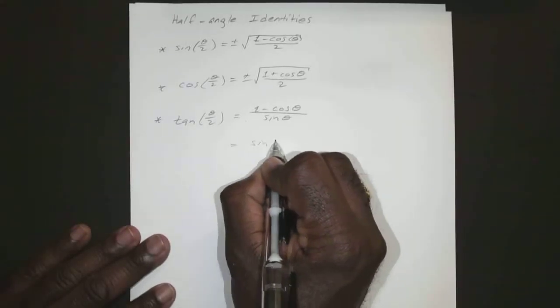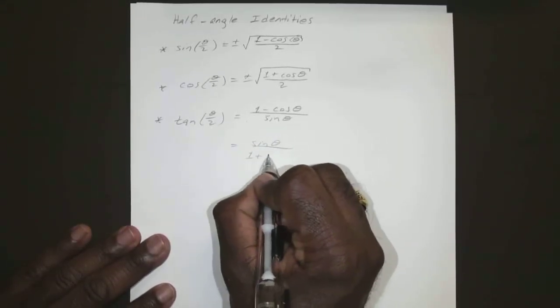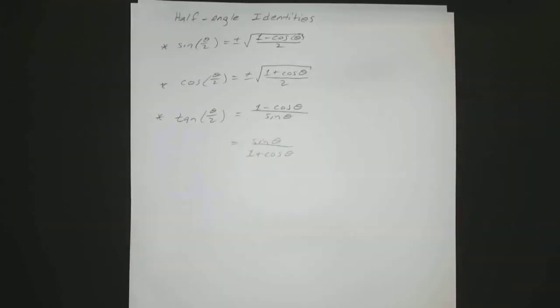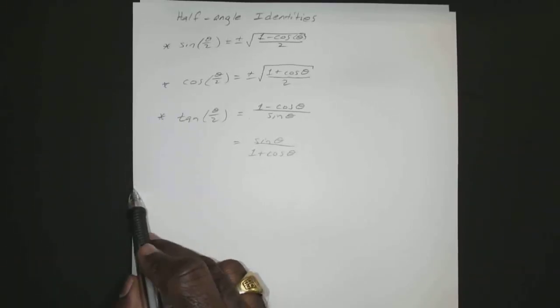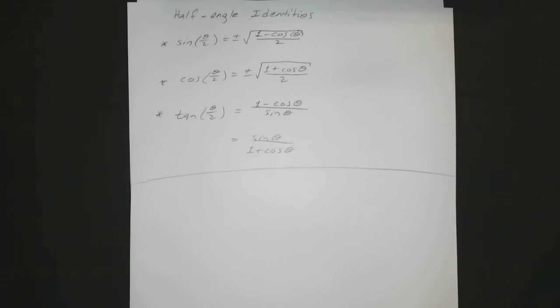It's also equal to sine of theta over 1 plus cosine of theta. All right. So the proofs, I'll add those with the scan notes if you would like to see those.